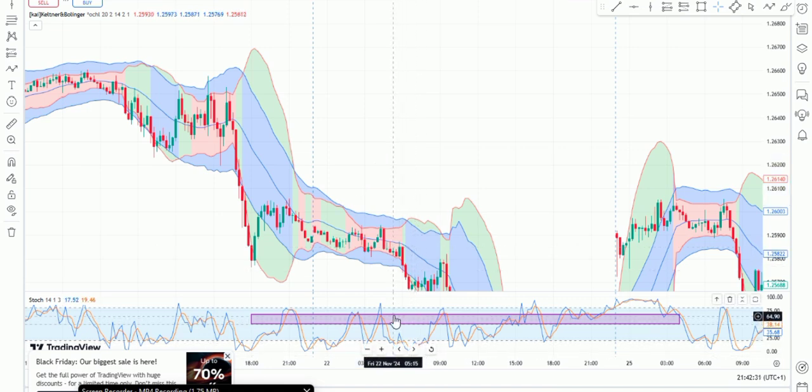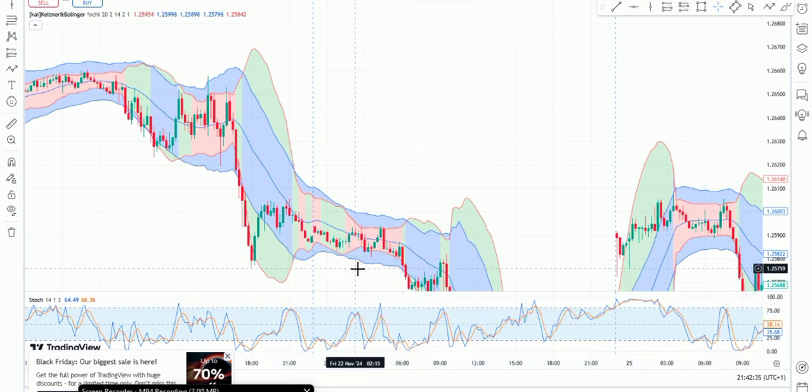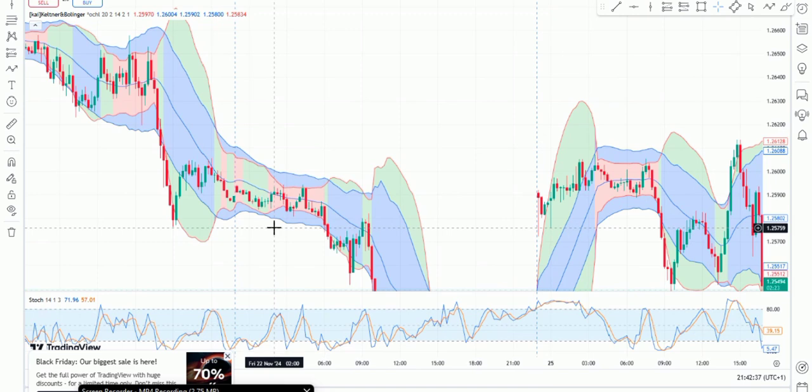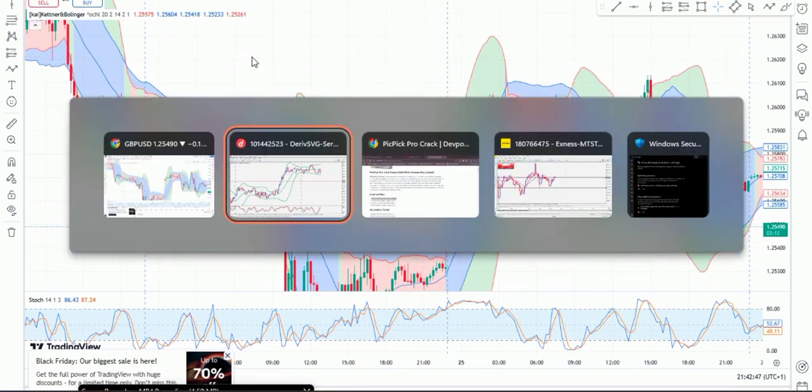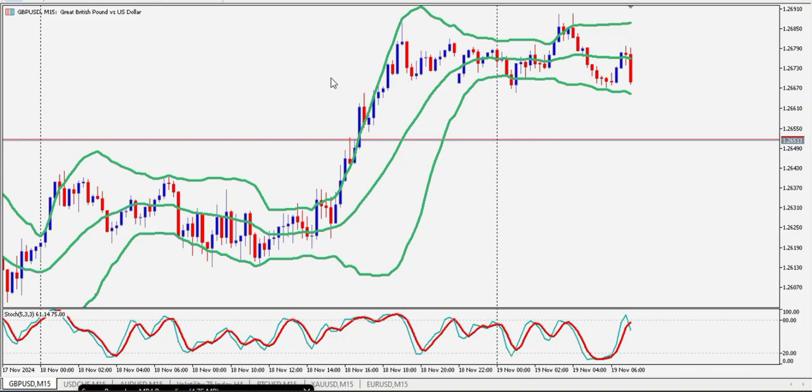To identify a buy in the market, you want the price action to move to the upper bound of the Bollinger Band. If TradingView is difficult for you, you can move to MT5 like this. This is my MT5.